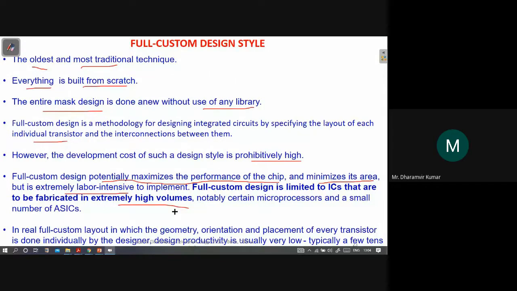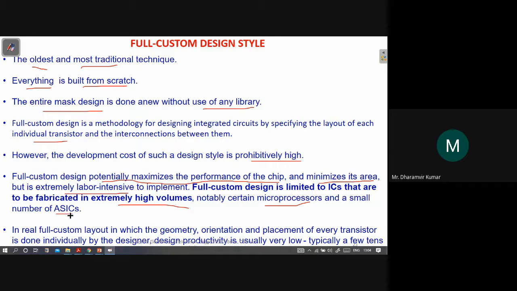Only those ICs which are to be fabricated in very high volumes adopt this full custom design style. Notably, certain microprocessors and a small number of ASICs are designed with the help of full custom design style.